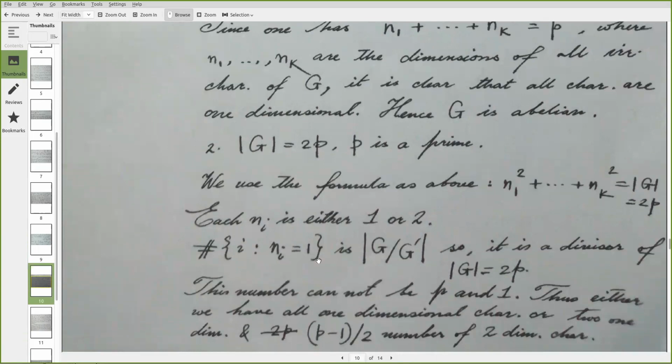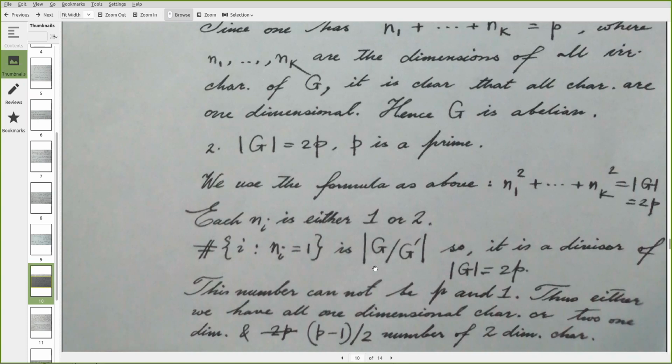In one of the assignments that I have given, a problem says that every one-dimensional character of G is actually a lift of a one-dimensional character of G modulo G prime, where G prime is the commutator subgroup of G, and vice versa.